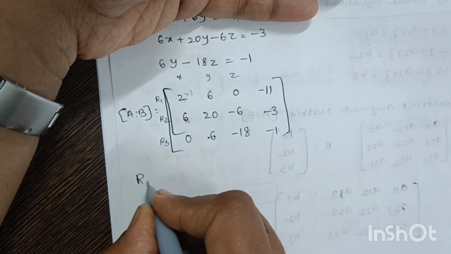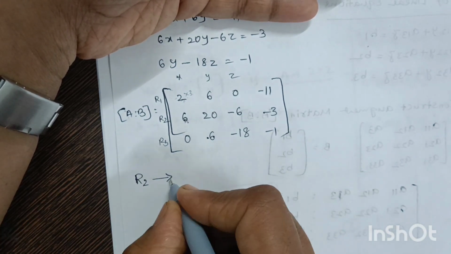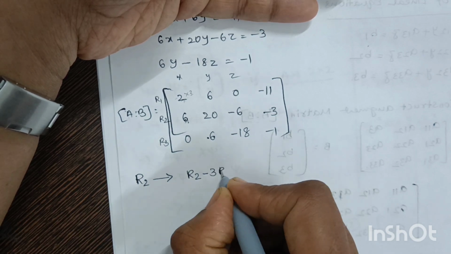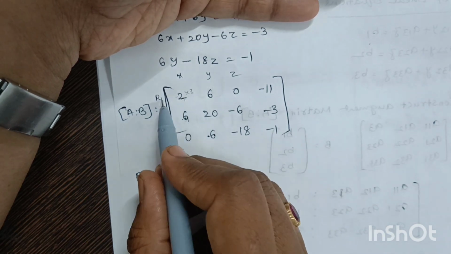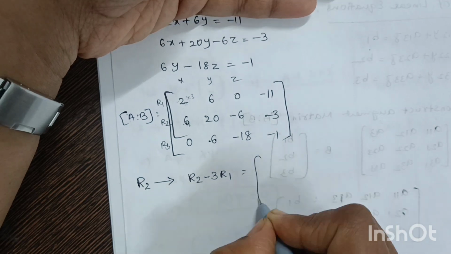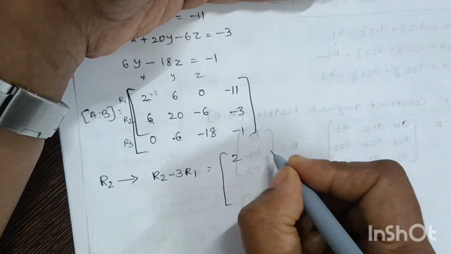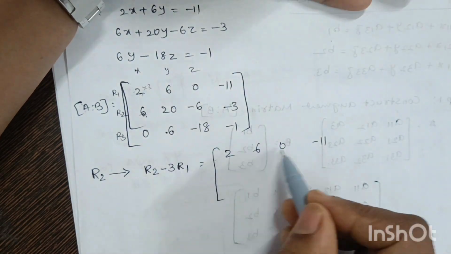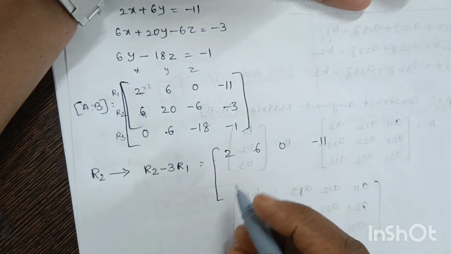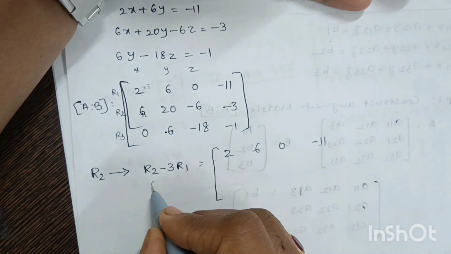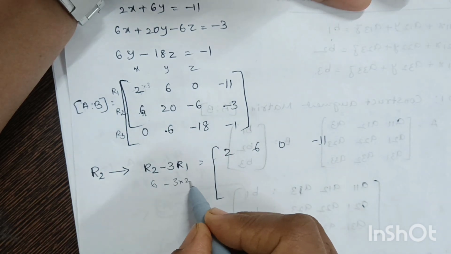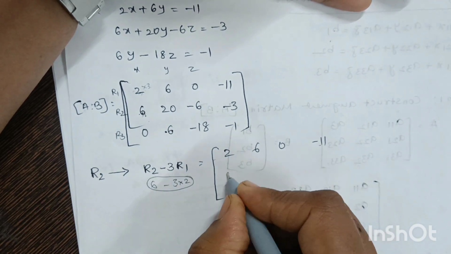So this gives R2 minus 3R1. So 2, 6, 0, minus 11, no change in R1. R2: first entry is 6 minus 3 into 2, that is 6 minus 6, 0. So you will get 0.